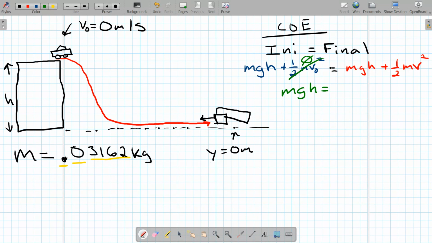Now for the final, my final position, which is really like H, if I wanted to, I could call this H naught, and I could call this the final position H. So this is H. We'll call this H naught. The final position is 0, so this whole thing ends up equaling 0. 0 times all that stuff is 0. So I'm left with 1/2 times the mass times the velocity squared. Okay.